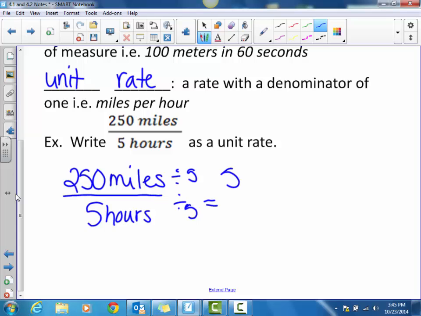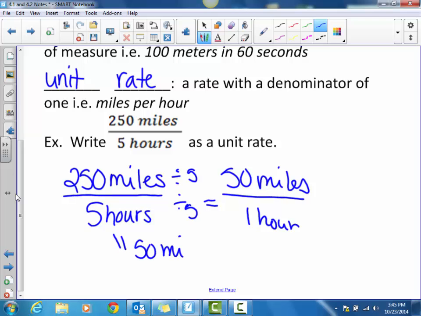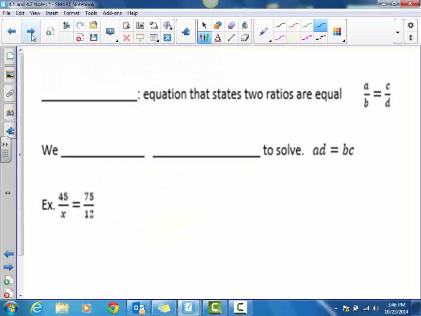So 50 miles in 1 hour, and we read this as 50 miles per hour.